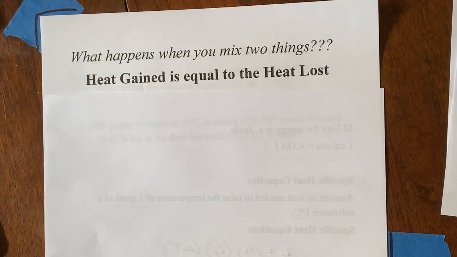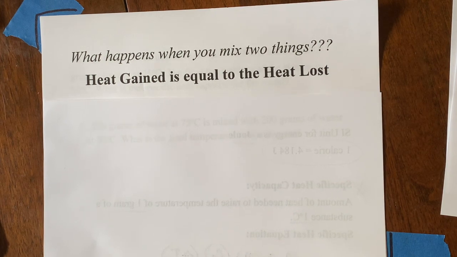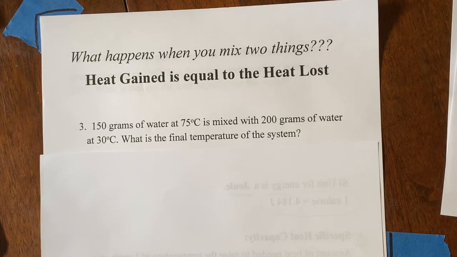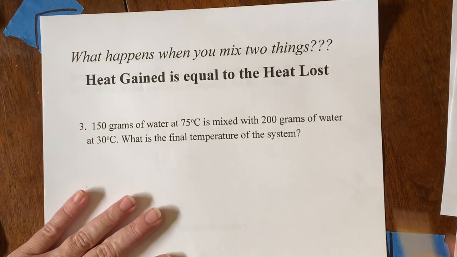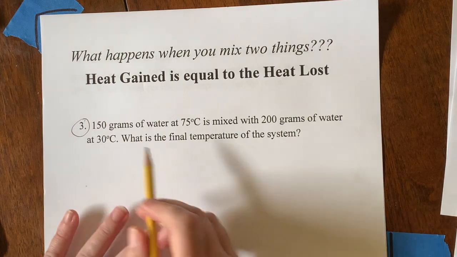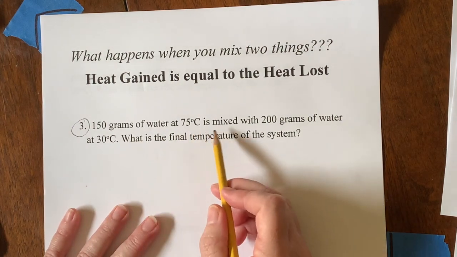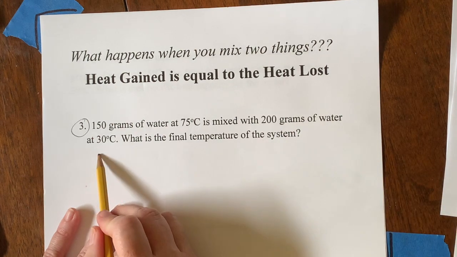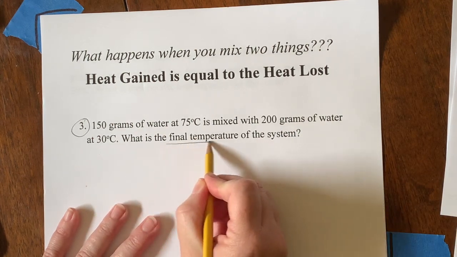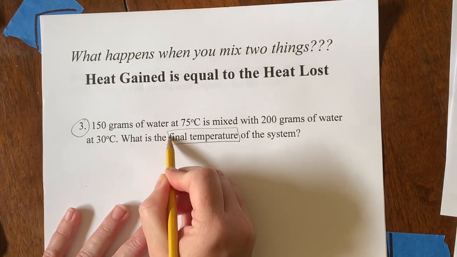And what we're going to do for these particular problems is set up two specific heat equations and set them equal to each other. So let's take a look at our question here. This is question number 3. 150 grams of water at 75 degrees Celsius is mixed with 200 grams of water at 30 degrees. What is the final temperature of the system?